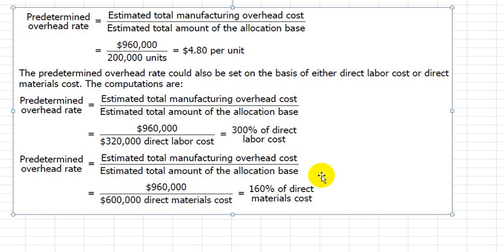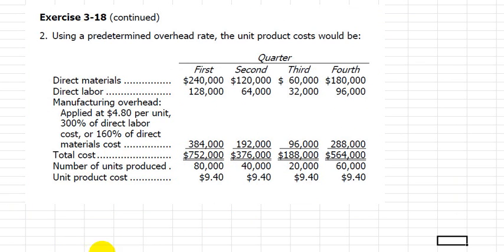The real key here is that the overhead total amount will not change for the year. What will change is the amount that is allocated or applied to each of the quarters, based on the number of units produced, or the amount of direct labor cost incurred, or the amount of material used. Now if we were to apply overhead using these rates, we would come up with different numbers than what was given in the original text.